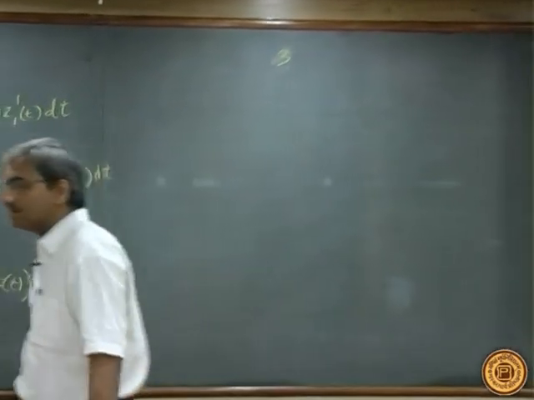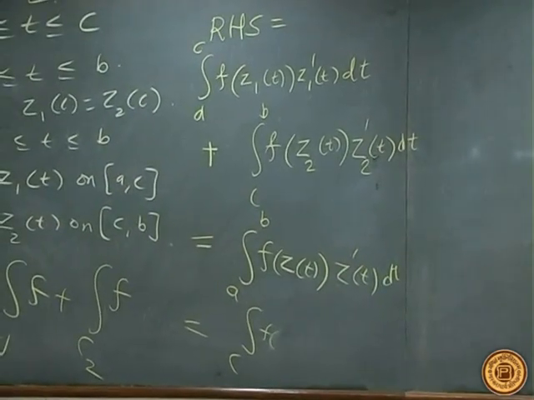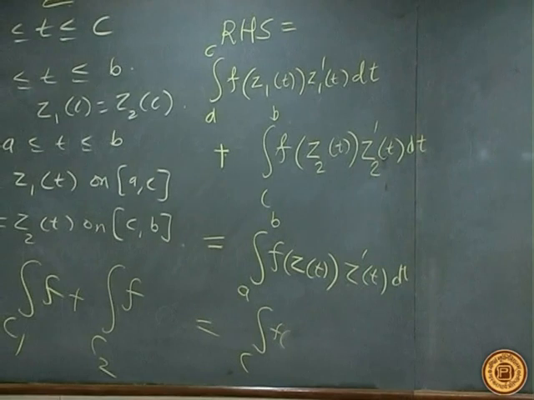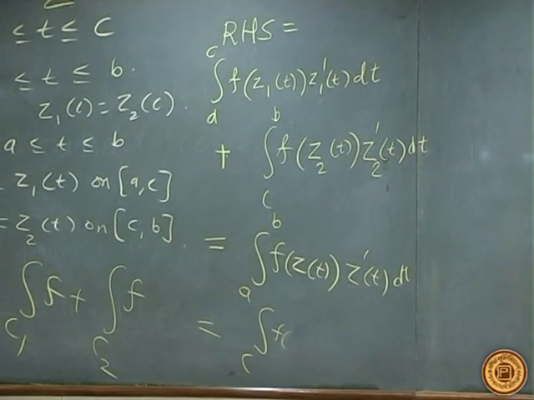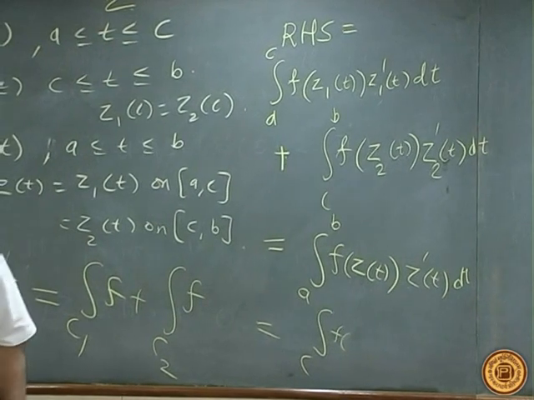So, next property is that you see the next on your screen. This is very important property, that is there is some bound on the integral.